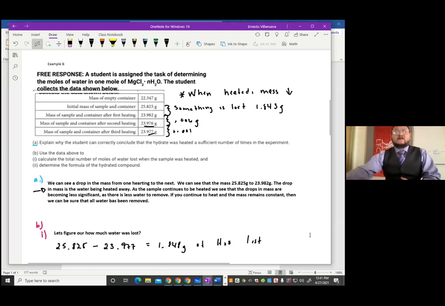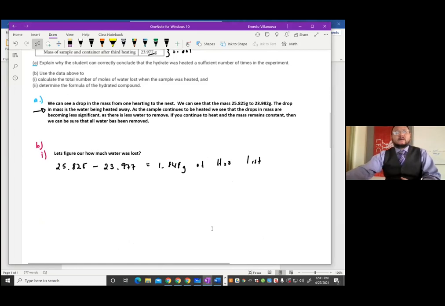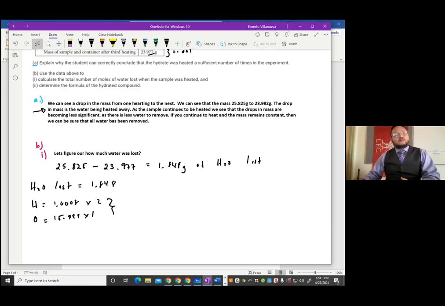So now we know if we lost this much water, then we can just convert that amount to moles. I know that water has a molar mass at about 18 grams. This is just an approximation. You can do the full calculation if you wish, but you can round it up to about 18 grams, okay?